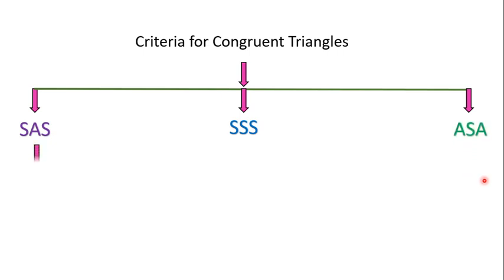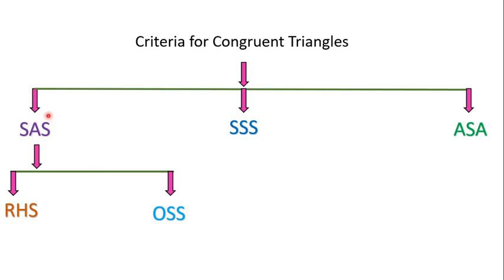Under SAS we can have two sub cases like this, the first being RHS and the second being OSS. So friends, what is that we are trying to understand is RHS and OSS are the special cases of the extensions of SAS only, which can be easily proved with the help of SAS and other criterions.